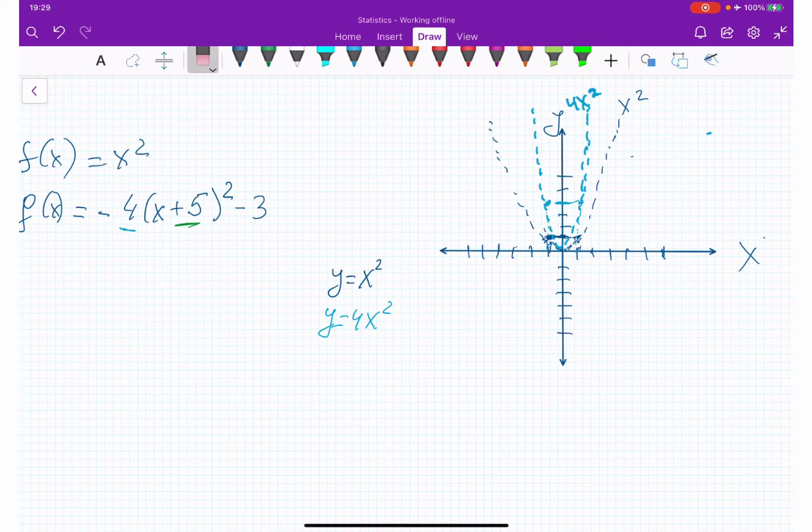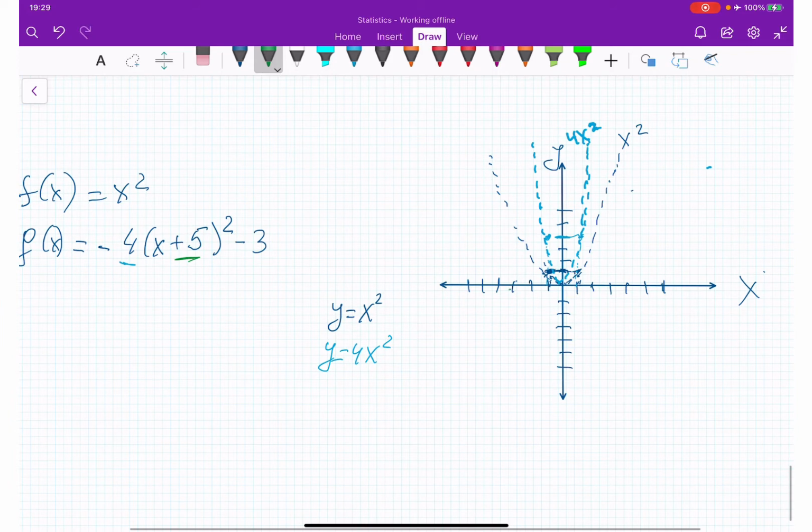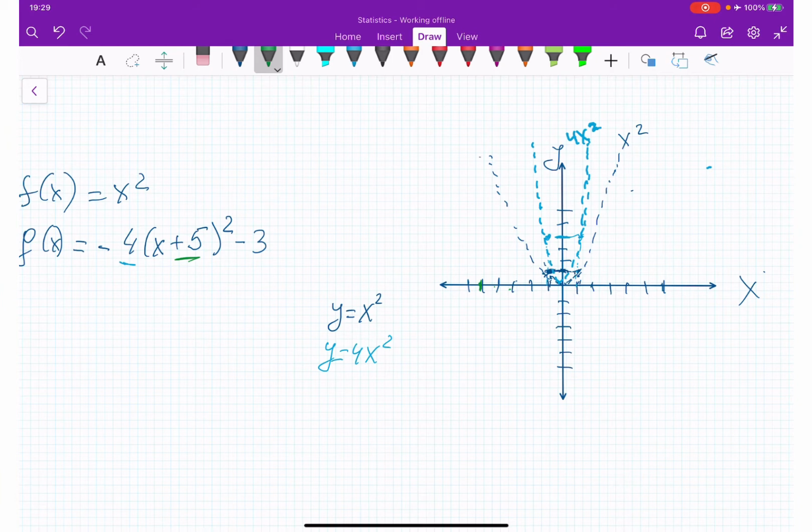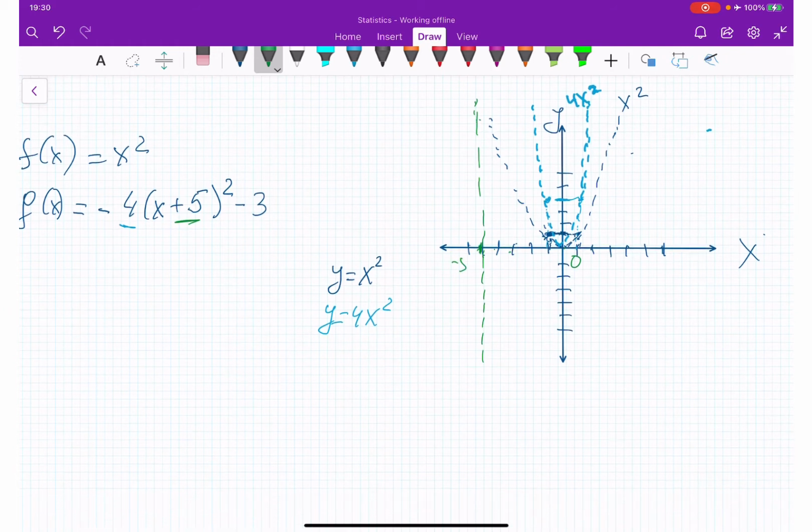So let's move to negative 5. 1, 2, 3, 4, 5. Here is 5. So I'm moving this y-axis here, right? Because instead of this 0, I'm shifting to negative 5. Okay, and which means here is 1. This is our 4 here, right? Moving here, plus 1, minus 1, it's right here.